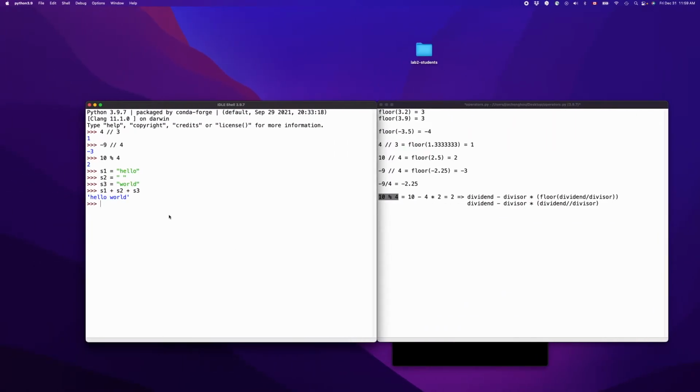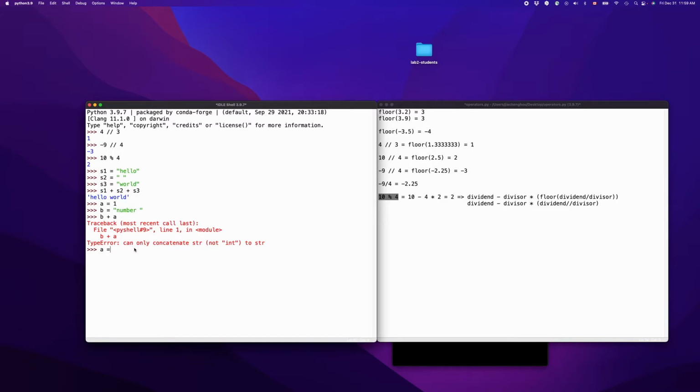Let's try. If we want to concatenate a string with an integer, like this, an integer a is equal to 1, a string b is equal to number, plus a blank space in the end. And then I want to do b plus a. There is an error message. We can only concatenate string to string, not integer to string.